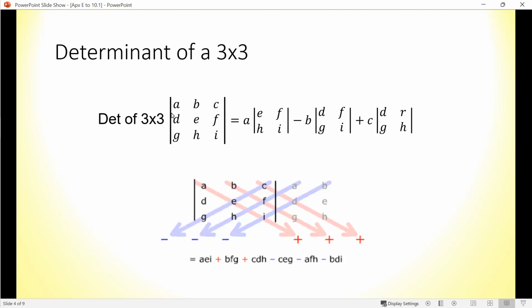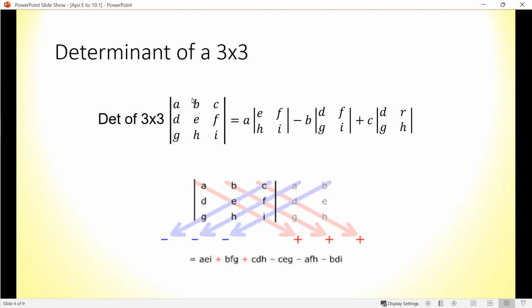So our first piece of finding the determinant of a 3x3 is going to be A times the determinant of the remaining 2x2 square matrix when you remove the row and column that contains A. All right, then we're going to subtract from that because you're always going to alternate, add, subtract.